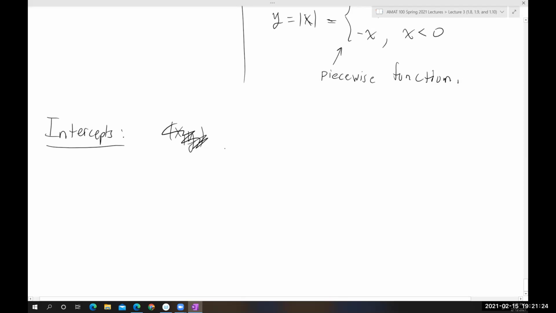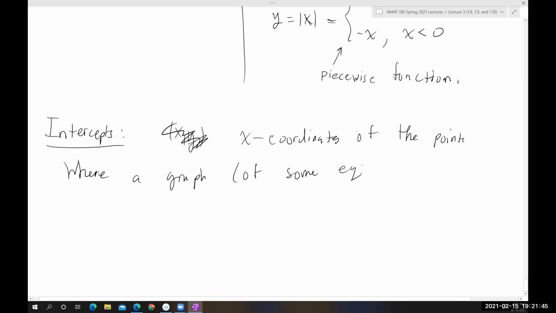So you have the x coordinates of the points where a graph of some equation, so you're graphing an equation.